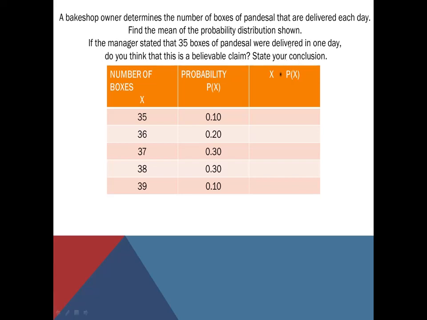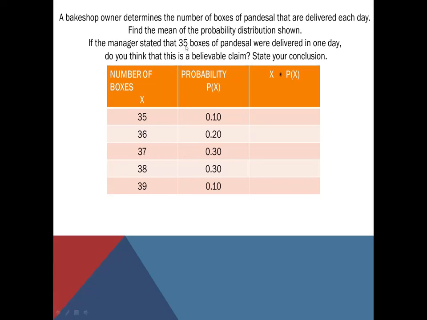Now, there are problems, class, where we are given the probability distribution directly. But there will also be problems where we are not. So again, take note of how we made the probability distribution in example number 3 earlier. Okay. So we have to answer this one. This is very easy. We just need to find the mean. Right? What is the average number of boxes delivered every day to the bake shop owner?